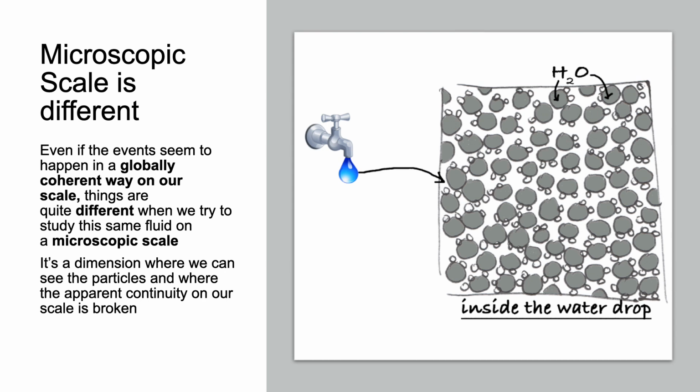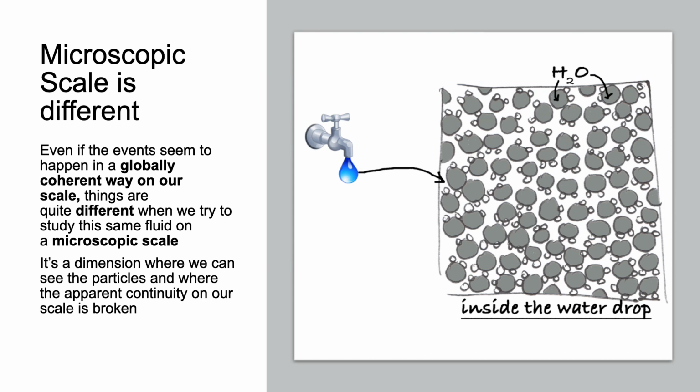Why is the microscopic scale so different? Well, if you look at a drop of water, like you have here in this picture, it seems that globally the way we think is available in the macroscopic state is much different when you study the fluid in the microscopic scale.